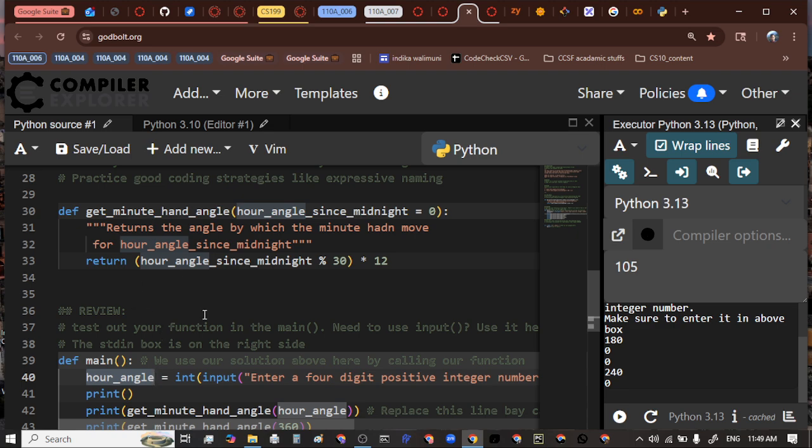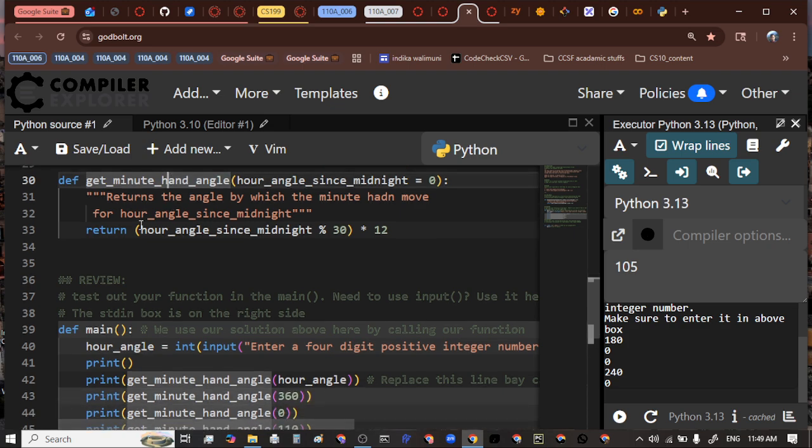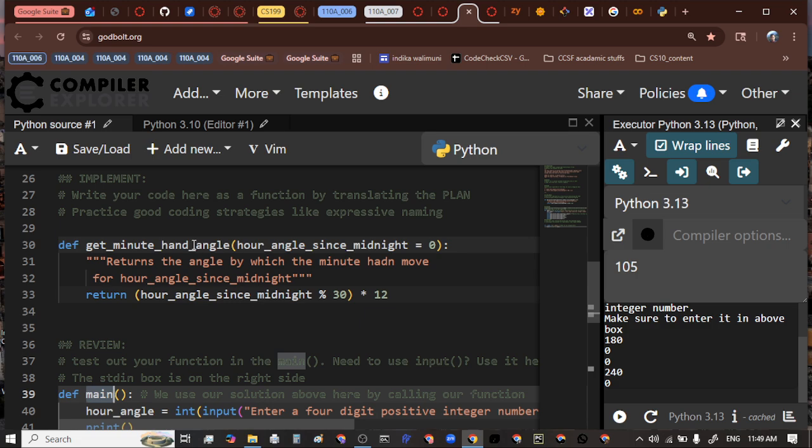We don't have turtles here. So function name: this function name, and main is also one. This is the one I was expecting.